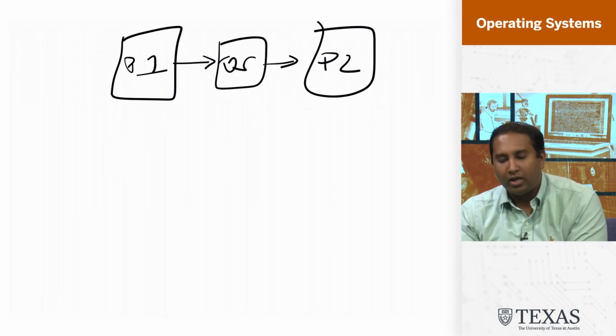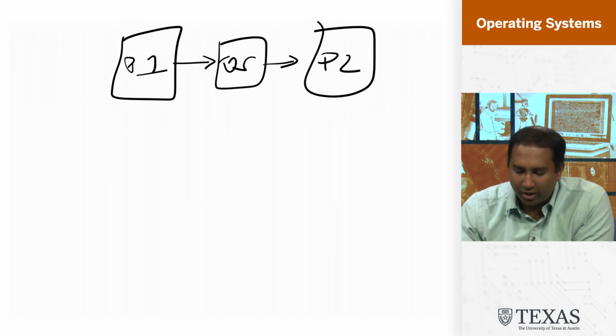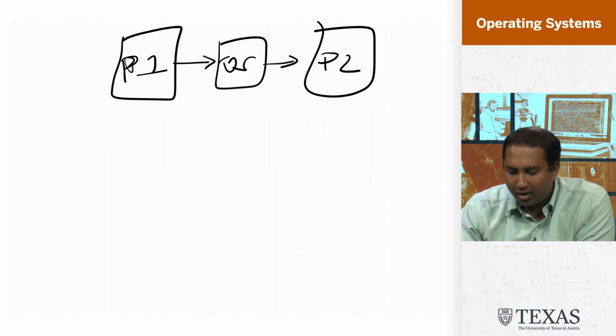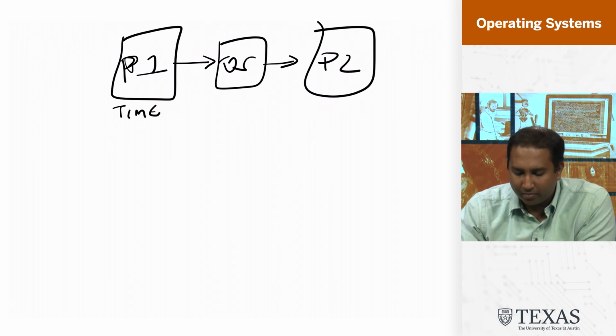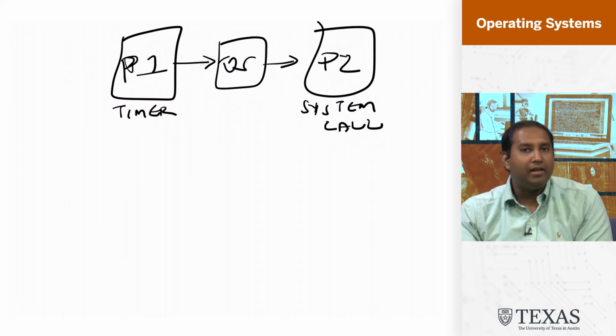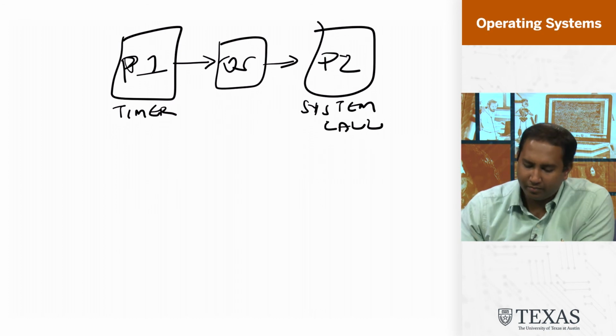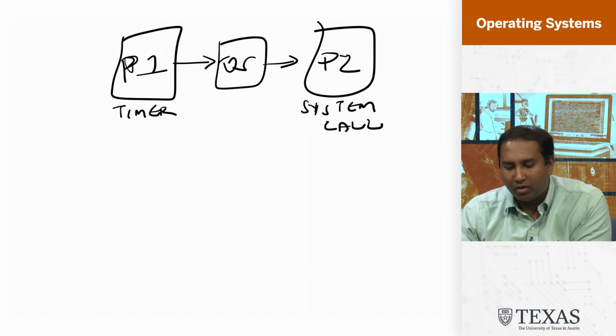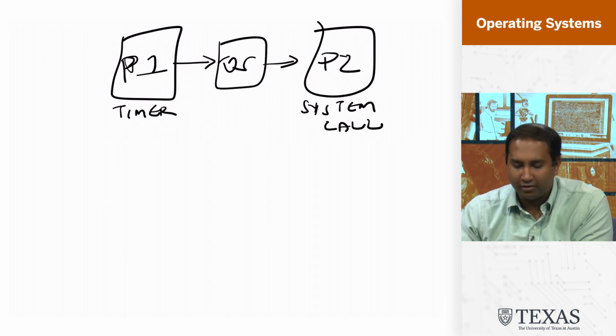This is the same sequence that we have looked at before, but with a slight difference. The way P1 is going to be interrupted is via a timer, and the way P2 is going to be interrupted is because it's going to do a system call. These will involve slightly different processes. Let's look at what everything looks like at this point of time.